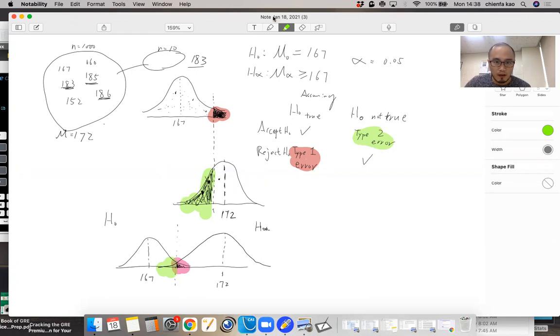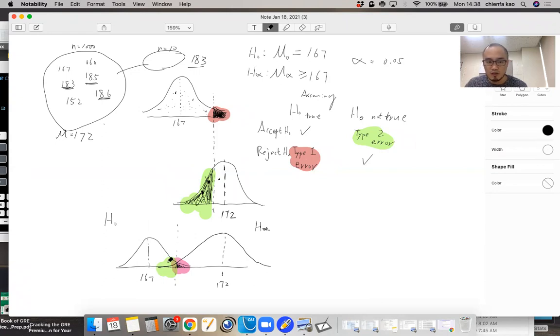So if you randomly select 10 people from KIS and you pick the shortest ones, underneath this area, you will think that, oh, because it's in this area, KIS must have the average of 167. But in reality, it's 172.